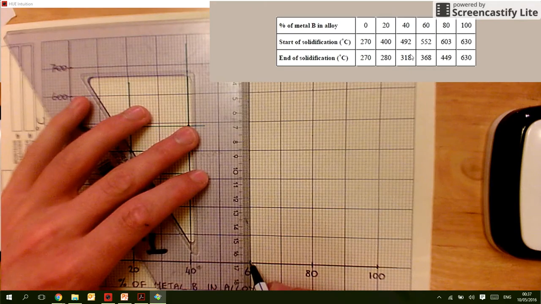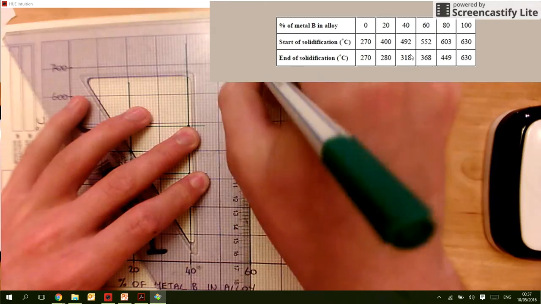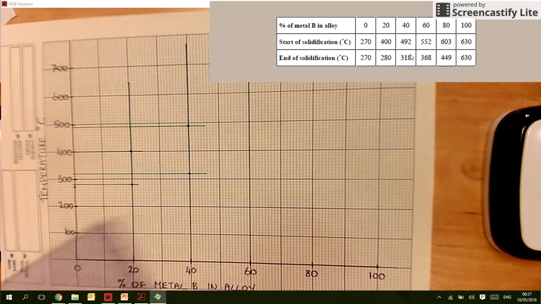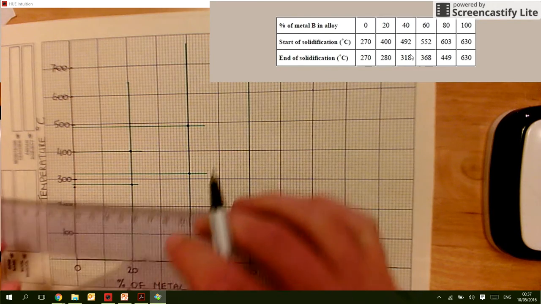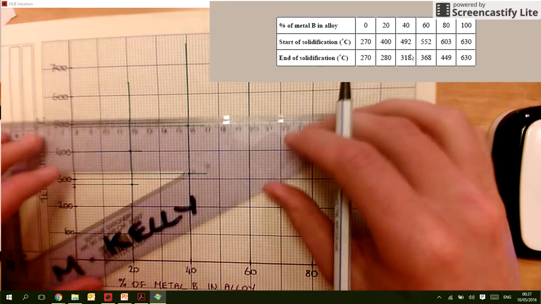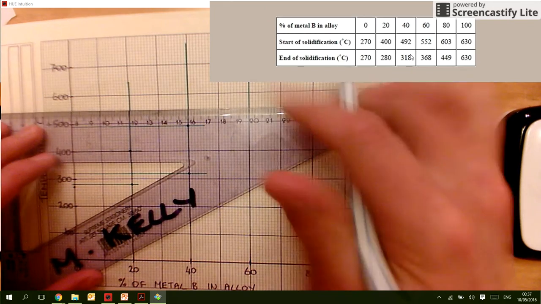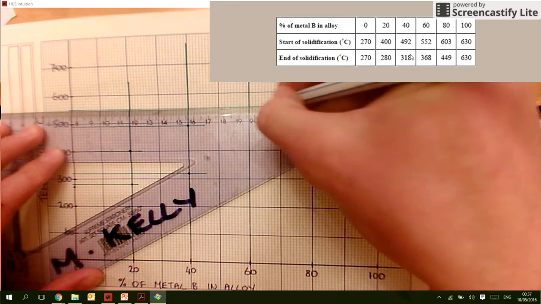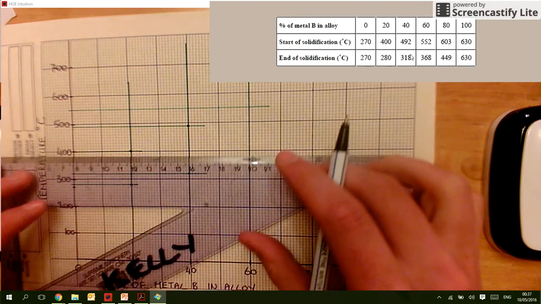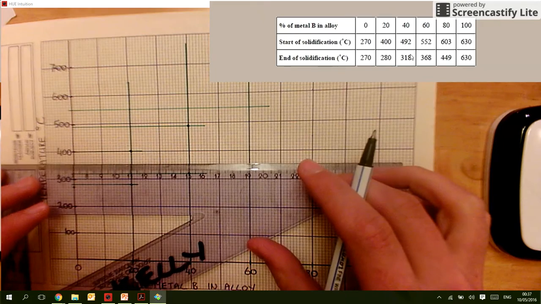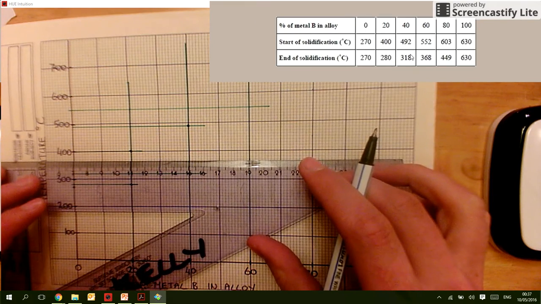Straight up from 60%. Okay, and solidification starts at 552 and ends at 368. That's close to 370.